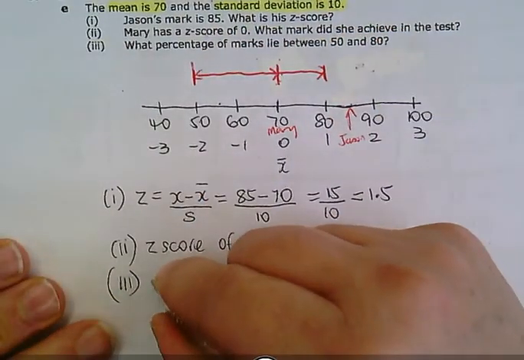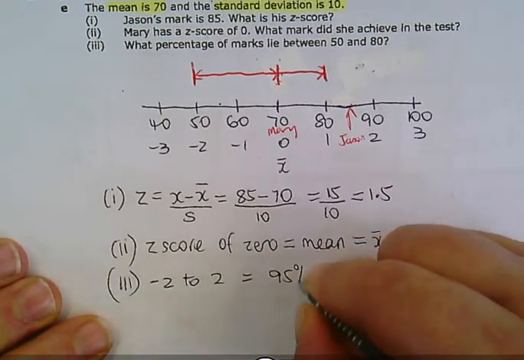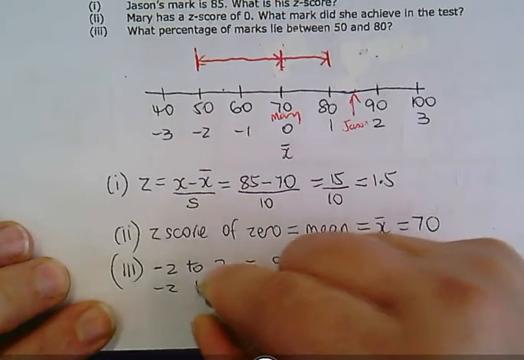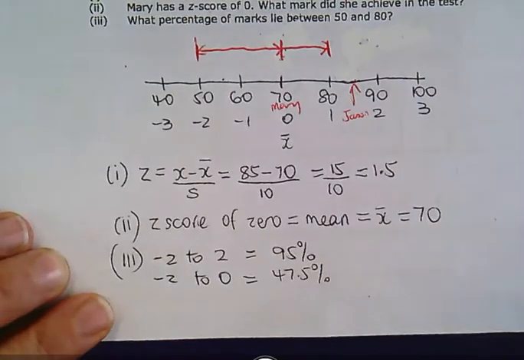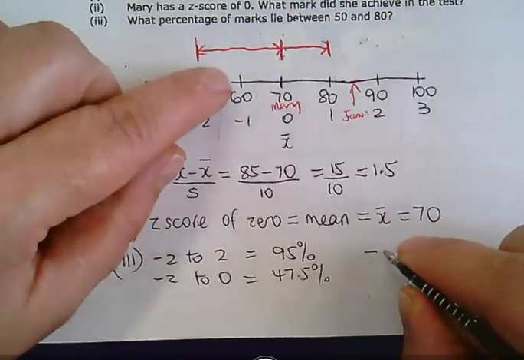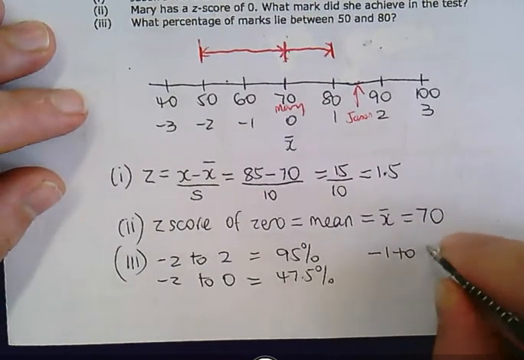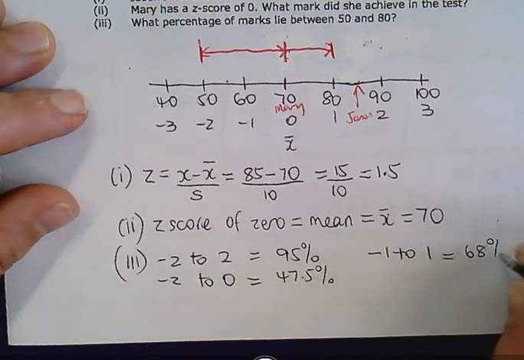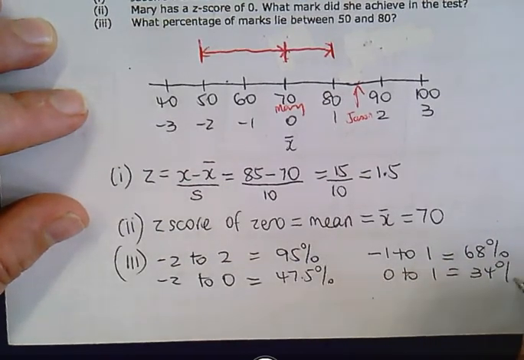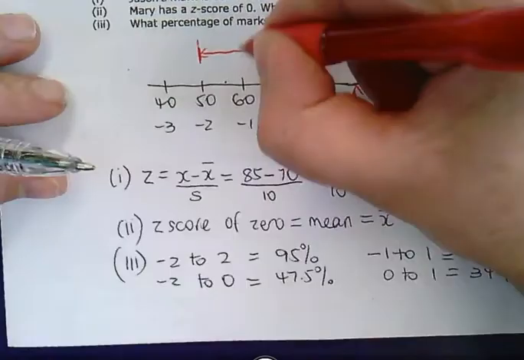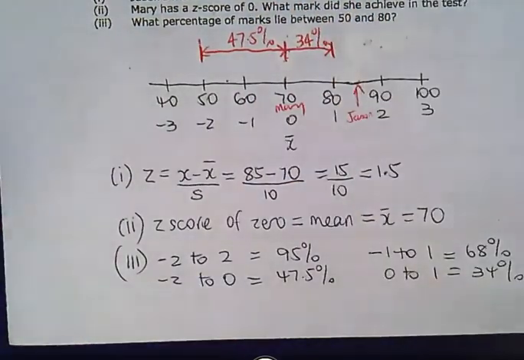Remember, you only have the following numbers. -2 to 2 is 95%. So -2 to 0 will be half of that, 47.5%. You also need to know from 0 to 1, but you can't do that. You can do from -1 to 1 is 68%. So from 0 to 1 is half of that, 34%. And now what do we do? We add them.